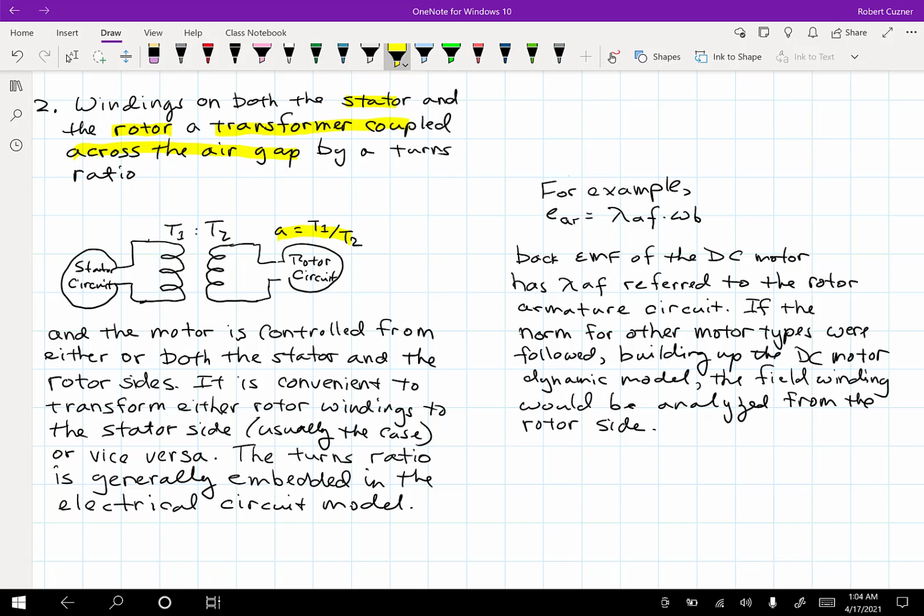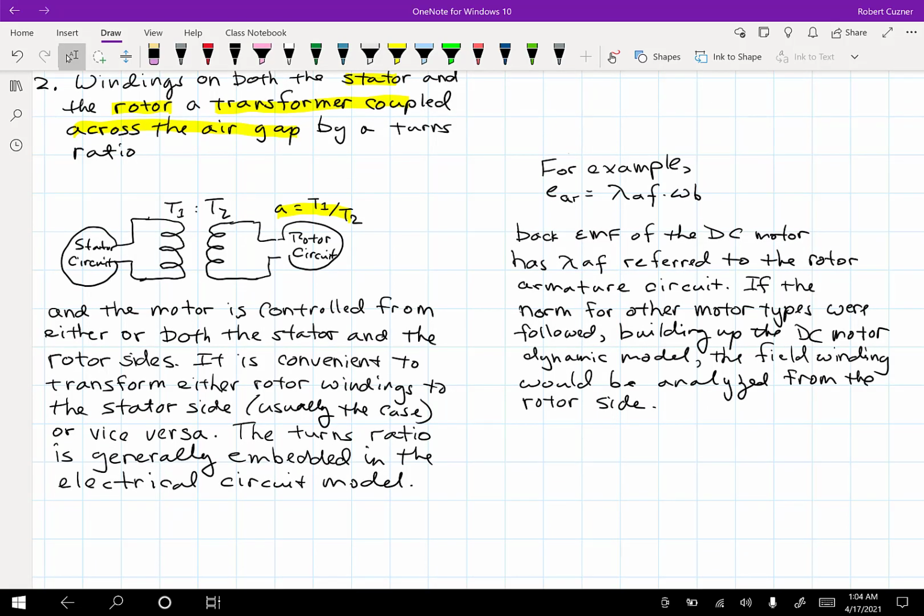The motor is going to be controlled from either or both the stator and the rotor sides, and it's convenient to transform either the rotor windings to the stator side, which is usually the case, or vice versa. The turns ratio is embedded in the electrical circuit model, so we really don't pay attention to that turns ratio when it comes to the control of a motor.